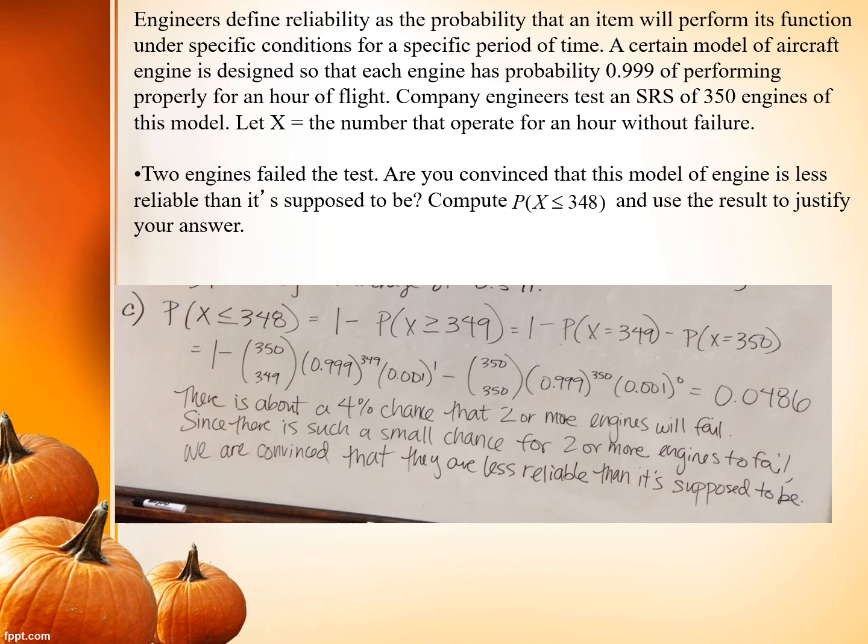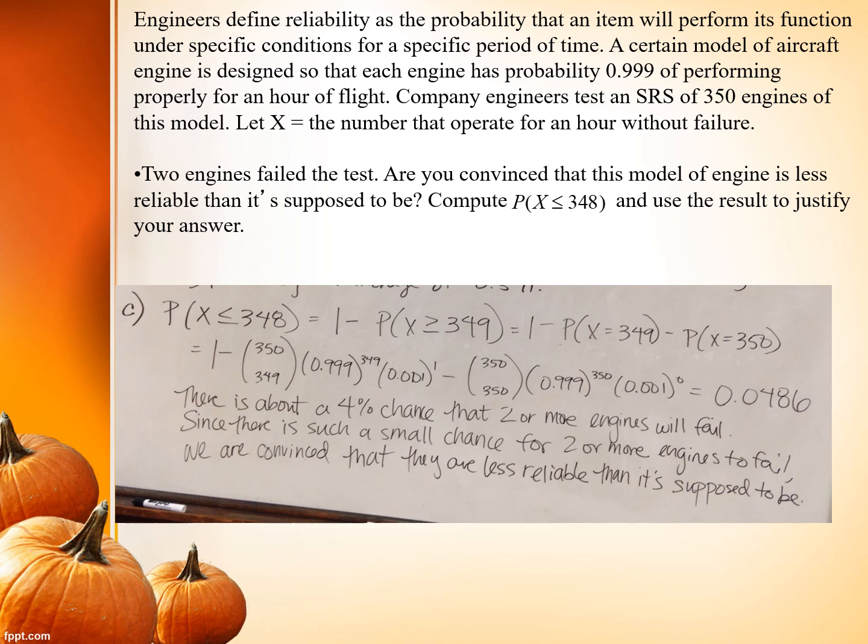But really the question is, use this to justify your answer. So let's explain that for a second. We get a 4.8% chance. Y'all, that's smaller than 5%. So what does that mean? That means that this should not have happened, but it happened anyway. So there's a 4.8% chance that 2 or more of the engines will fail.